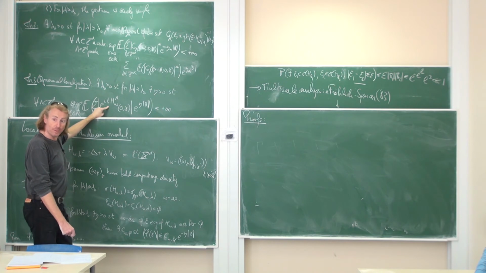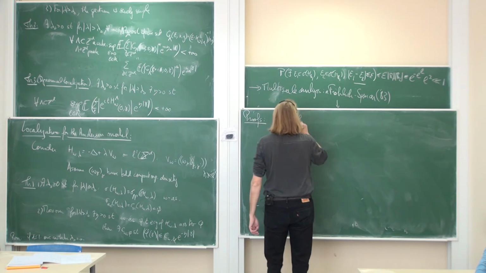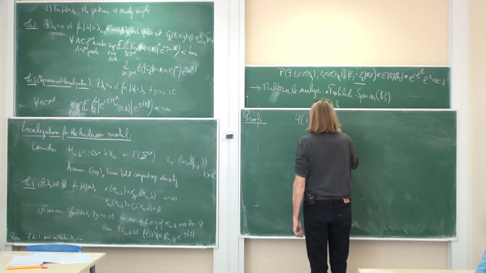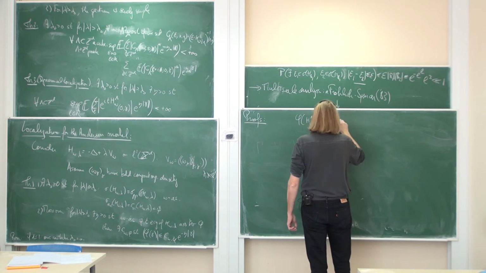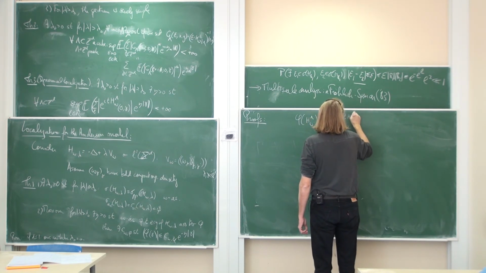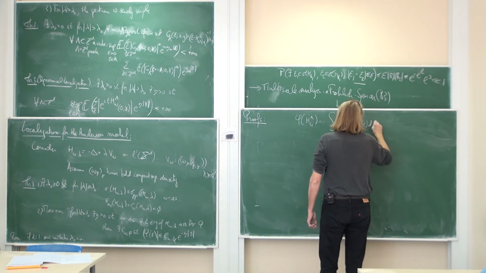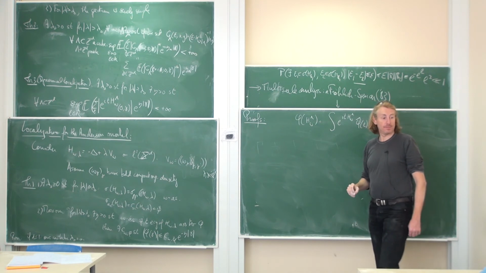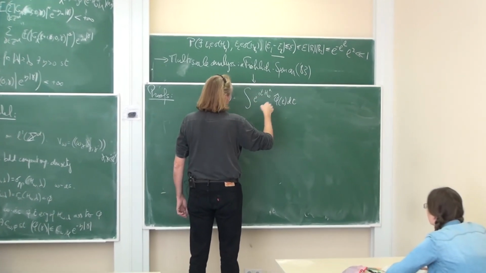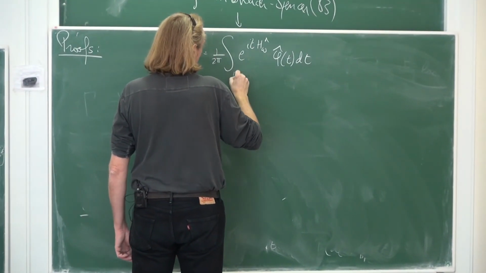Imagine that I want to get something on phi of H omega lambda: this is just the integral of e to the itH omega lambda phi hat of t dt. Of course, as usual, I need a 1 over 2 pi sitting over here.